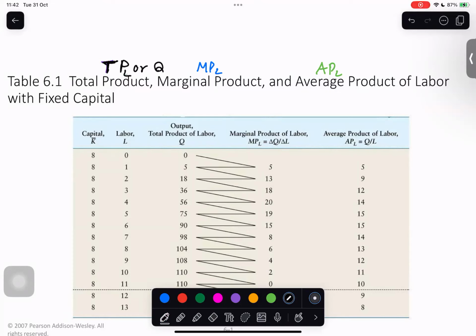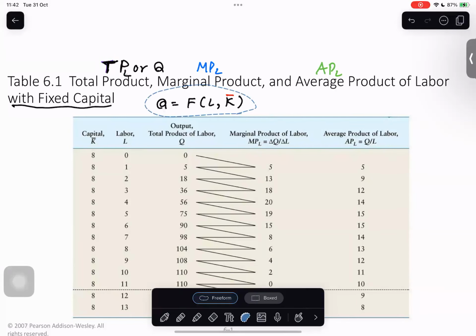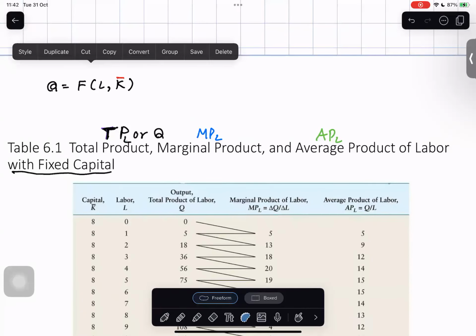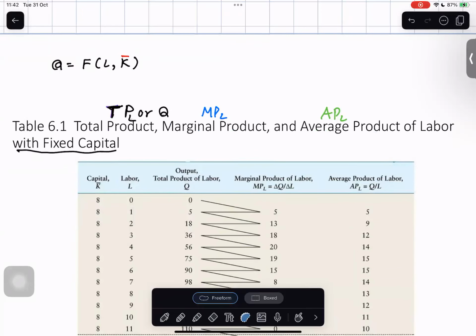Okay. And with fixed capital, this term suggests that we are considering short-run production function where we have two kinds of input. We have variable inputs, which is L, and fixed input, which is K, to produce Q output. Let's say number of cookies produced.